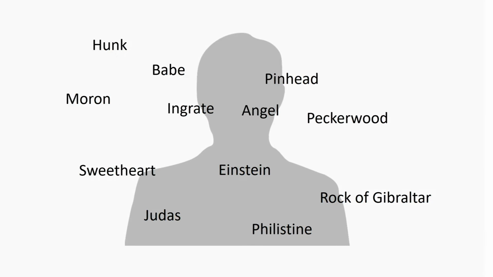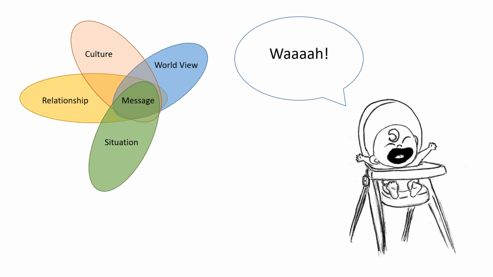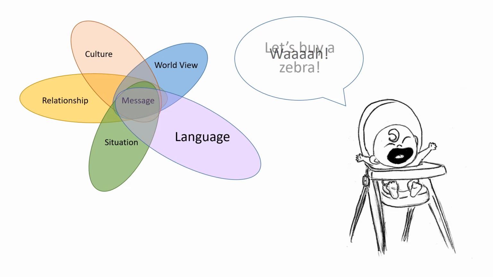Another advantage to using words is that they allow us to introduce ideas that the people receiving our messages would not infer by relying solely on the situational, relational, cultural, or worldview contexts. One way we do this is through describing new things in terms of old things. We can introduce ideas and concepts that are unknown to the recipients of our message by describing them in terms of ideas and concepts that they already know.